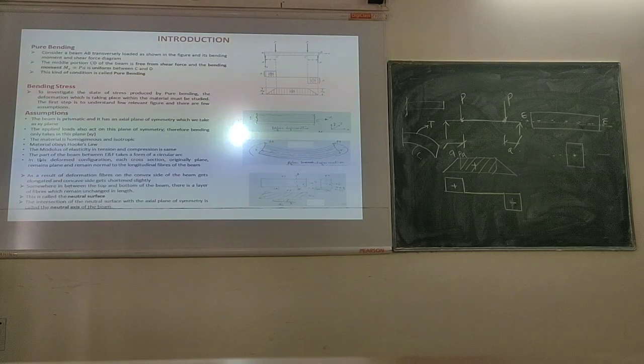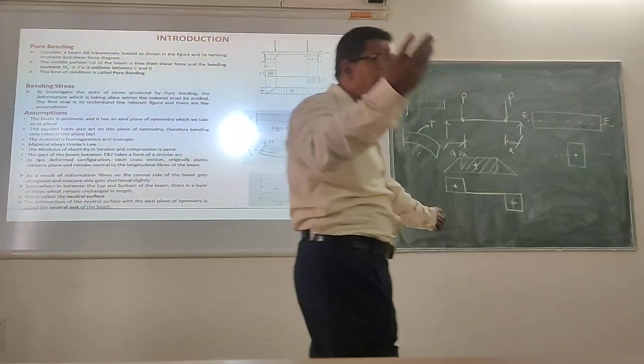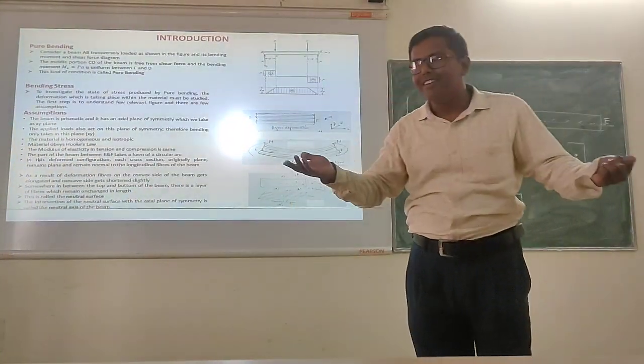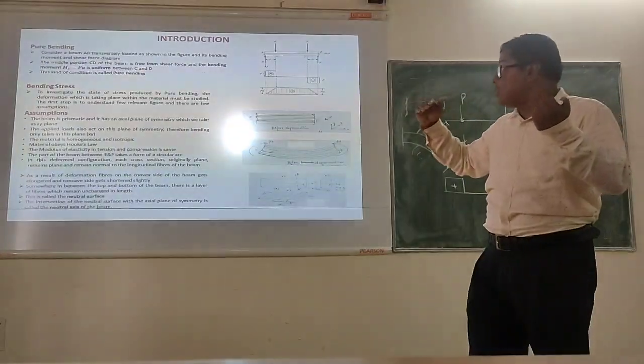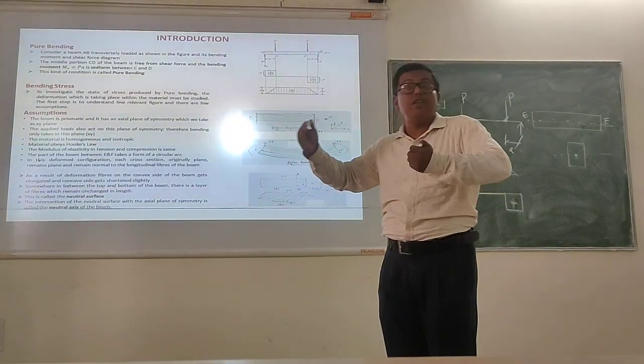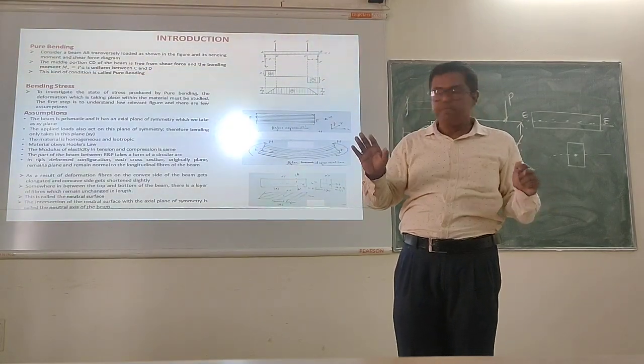It cannot come. Because if strain is same and modulus of elasticity is different, then what will happen? Stresses will be different. Right? So the modulus of elasticity for tension side and compression side, they are remaining same.